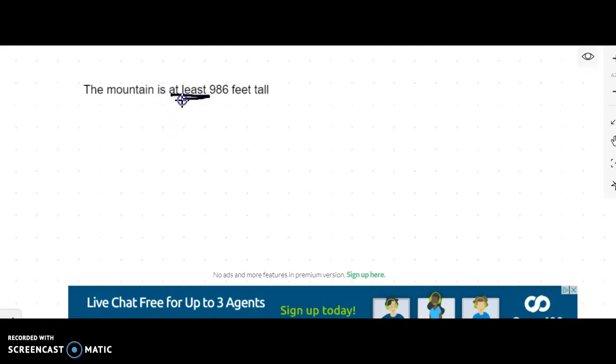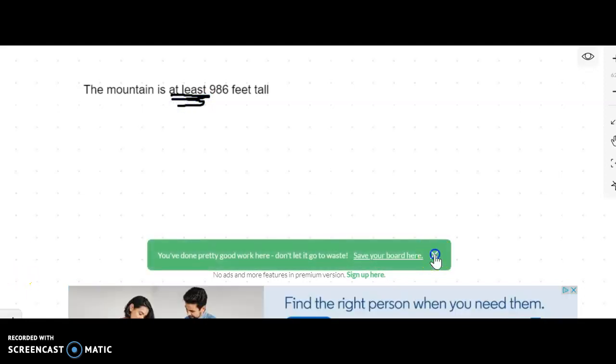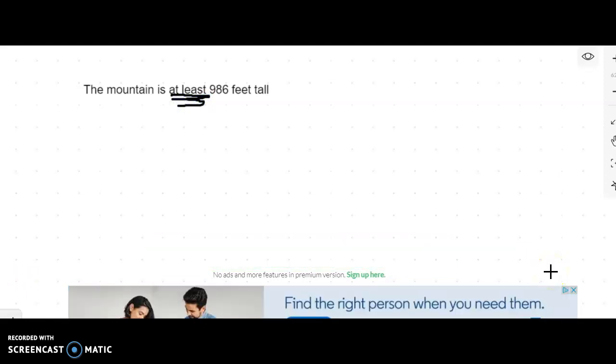That is going to show us exactly what sign we need to use. Okay, before we move on, we need to pick a variable to represent the mountain's height. You can pick any variable you want. I'm just going to pick f for mountain height.